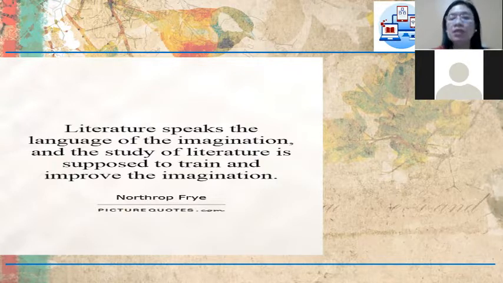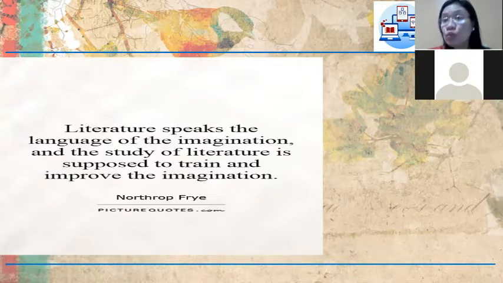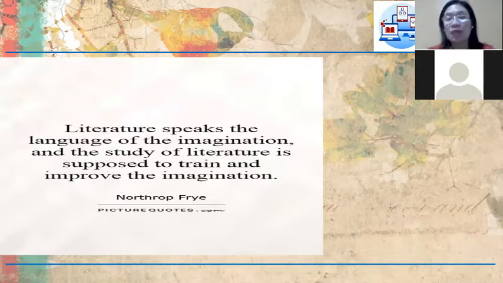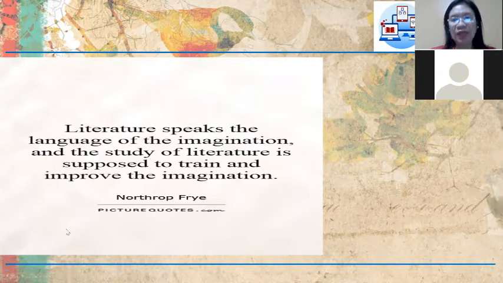So how can we teach English in elementary grades using this literature? As we go on with our lesson, we might as well know how.